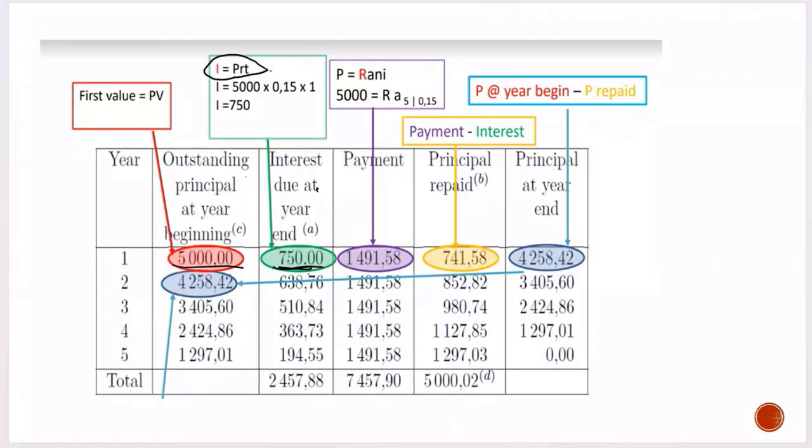And then the principal that has been repaid. After you get that loan in the first year, you're going to pay the interest of 750, and then the balance of the payment is going to be left for principal.